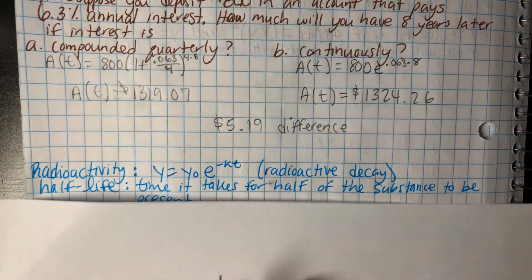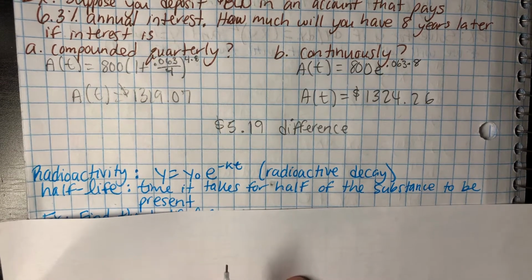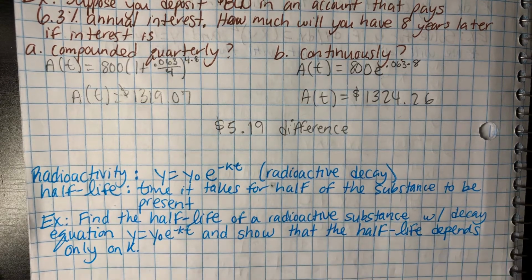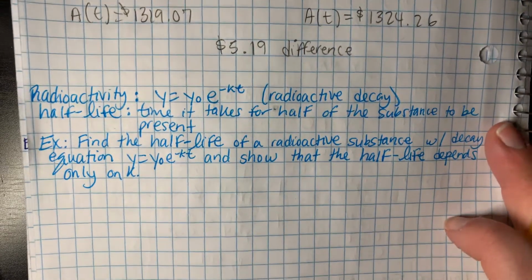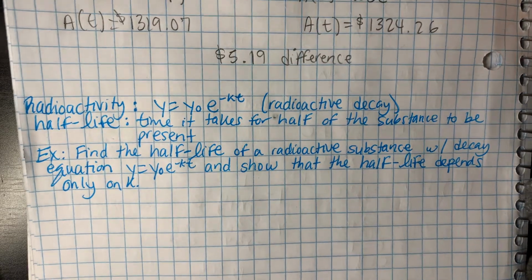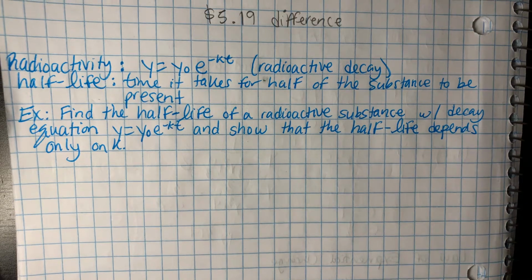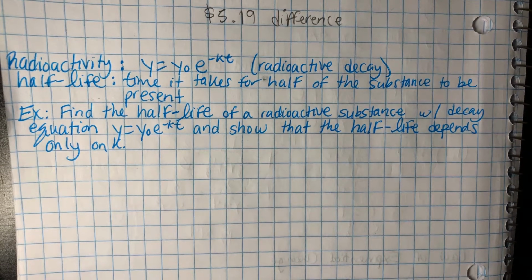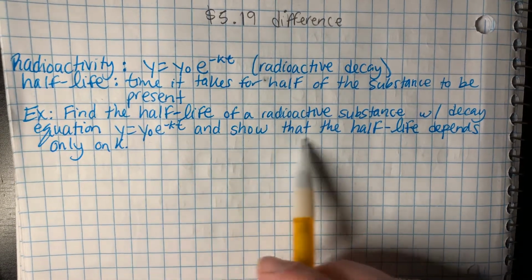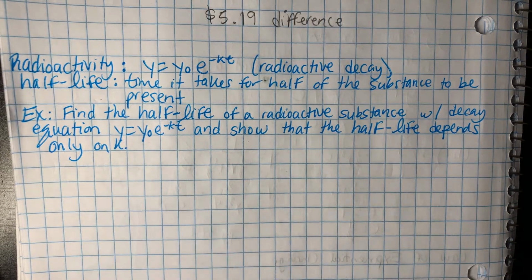Half-life is the time it takes for half of the substance to be present. So we're going to work on this equation, and it's going to tell us that we need to find the half-life of a radioactive substance with a decay equation of this, and show that the half-life depends only on k.